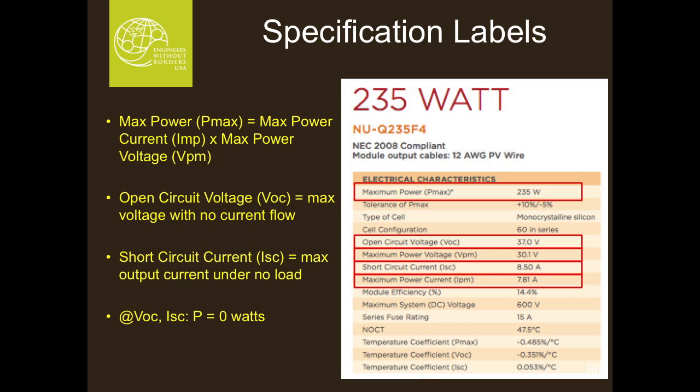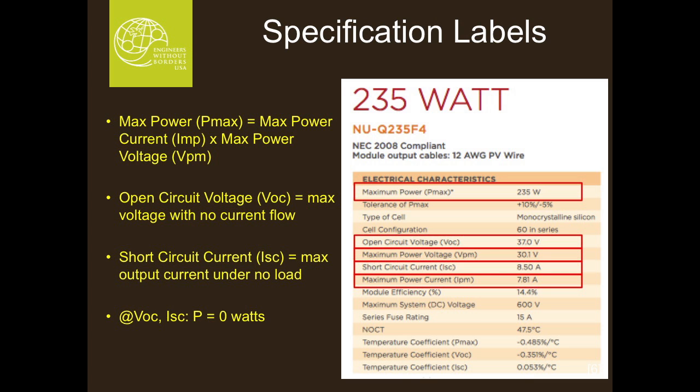On the other end of the IV curve, we have short circuit current at the lower right. This is the current in amps that a module will output if we short circuit the module leads together in full sun. This is often referred to as ISC, since I is commonly used to mean amps and SC for short circuit.